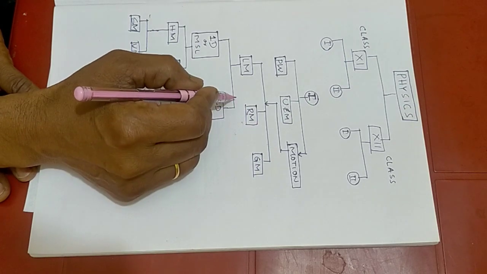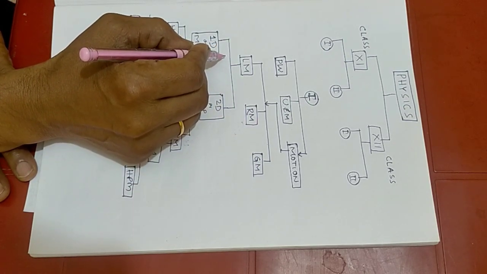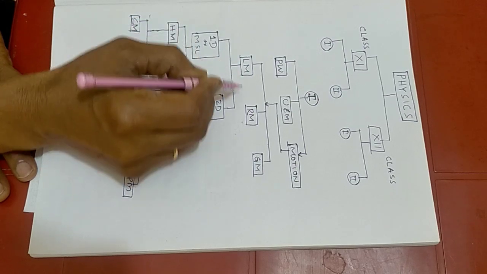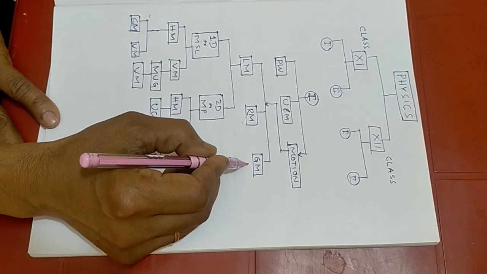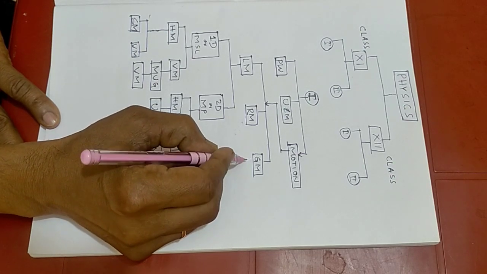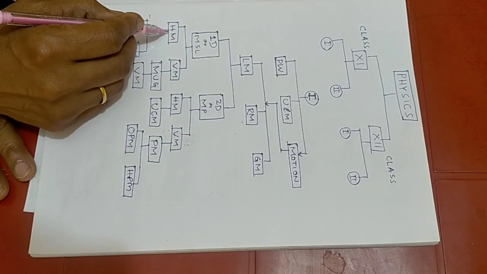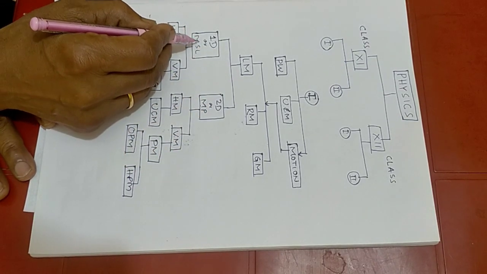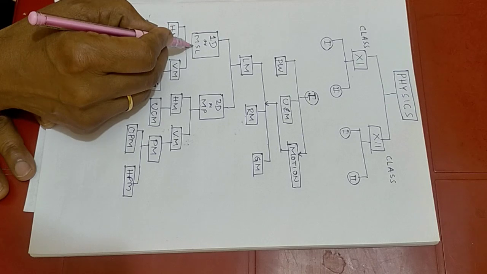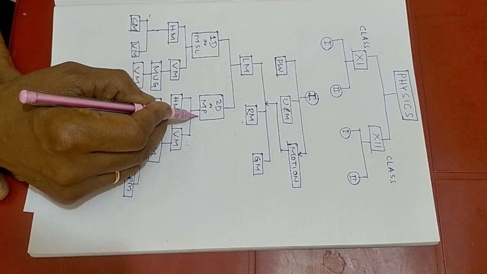Under motion, it will be of three types. One will be linear motion, another is rotational motion, and third one will be gravitational motion. Again, linear motion will be of two types. It will be one-dimensional or motion in straight line, two-dimensional or motion in plane.